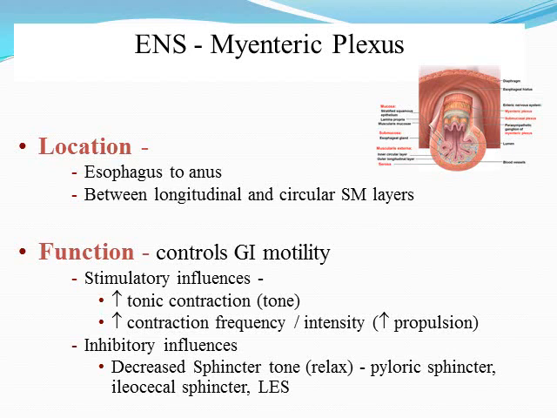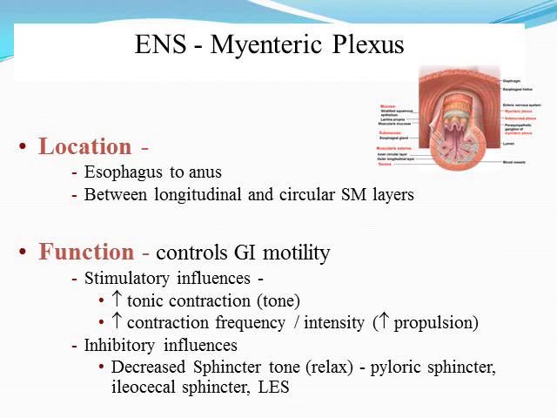The other influence we see is an input into the sphincters to allow for relaxation at the sphincters. Because if you think about it, when you have food in the system and you want to move it from, say, the stomach to the duodenum, you want to have a relaxation of the pyloric sphincter to allow for that movement through.